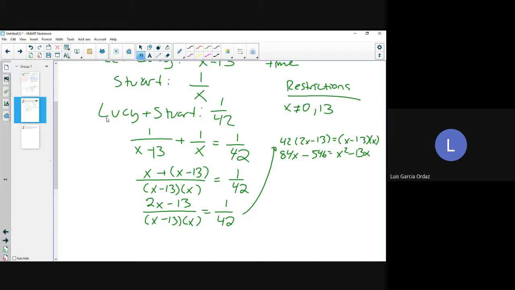So we're going to move things over. We're going to leave the x squared positive, so we get 0 is equal to x squared minus 13x minus 84x minus 546. So what does that simplify into? X squared minus 97x plus 546.